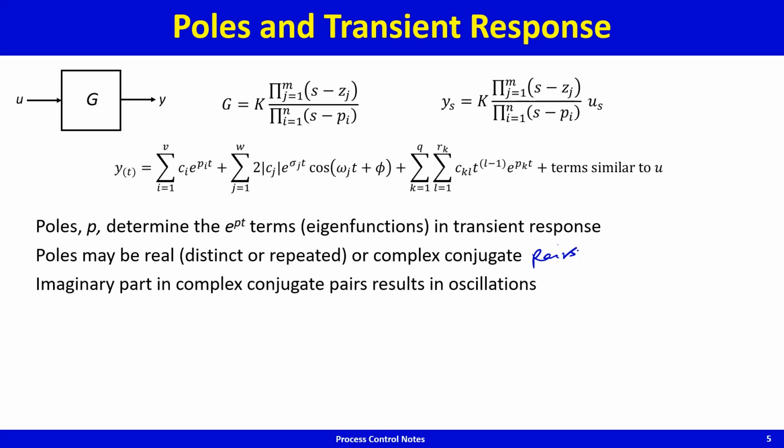The imaginary part in the complex conjugate pair results in oscillations, and you will see, our root was s is equal to sigma plus or minus j omega. This was our root, a complex conjugate pair. Now you can see the cosine term.